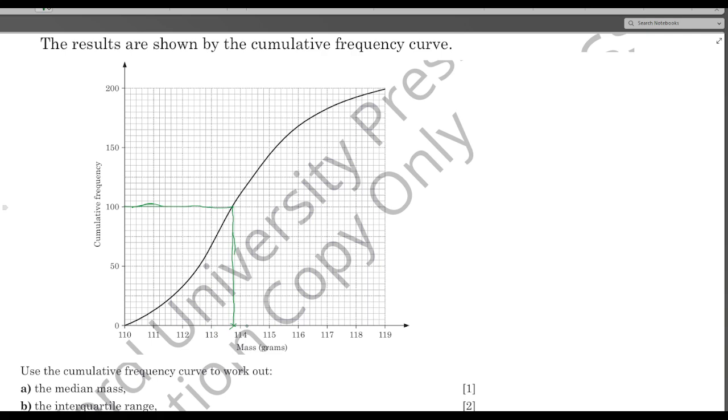From 113 to 114, I have 1, 2, 3, 4 and 5 divisions, so each division represents 0.2. So 113.2, 4, 6 and 8. It is not exactly 8 but slightly less than 8. So if you say 113.8, then also your answer is correct.